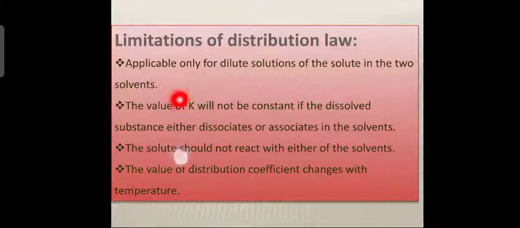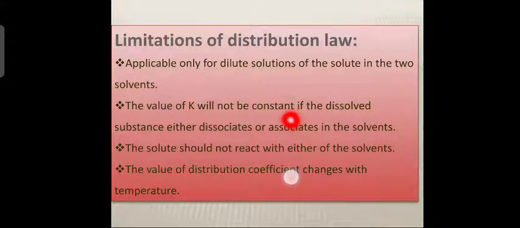The value of K will not be constant if the dissolved substance either dissociates or associates in the solvents. Suppose the solute undergoes dissociation, for example an ionic compound, then the number of ions or particles increases, correct. If there is association, the number of particles decreases.